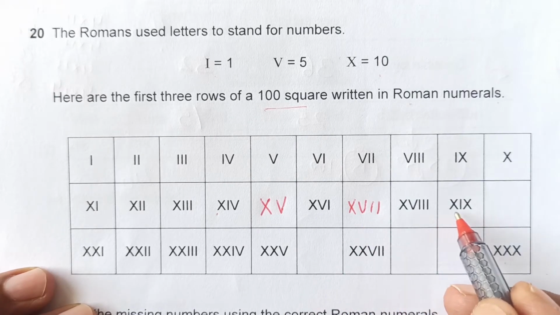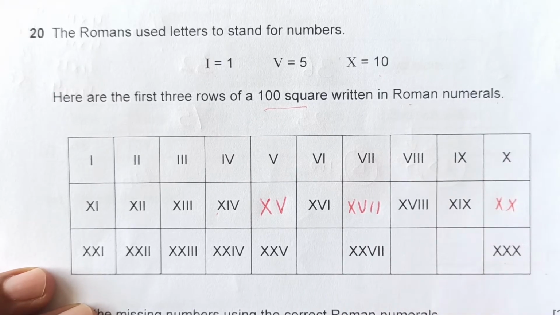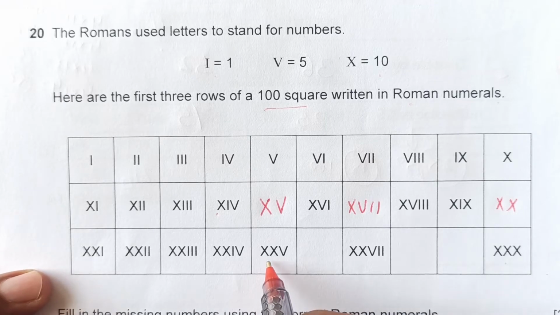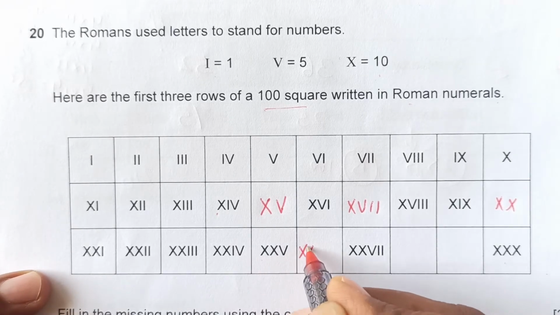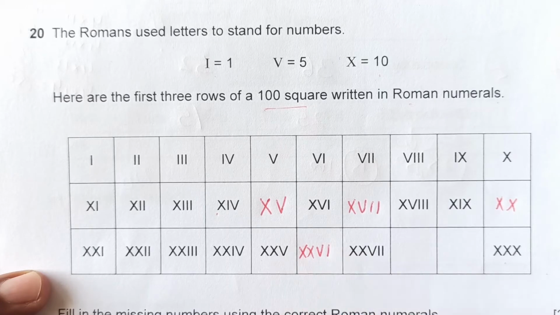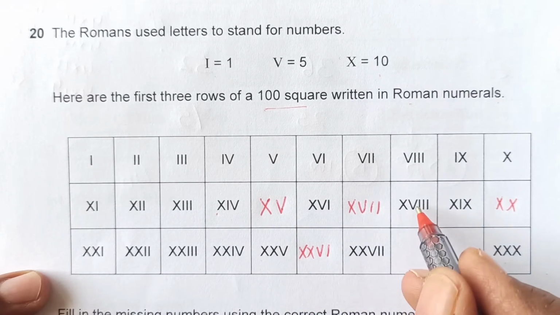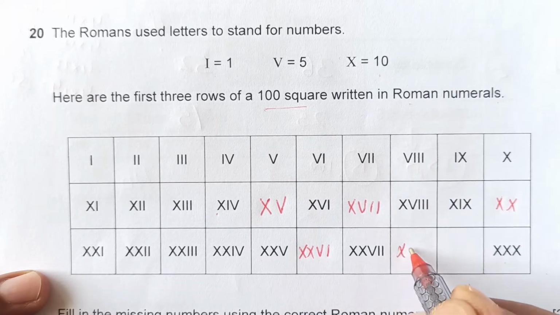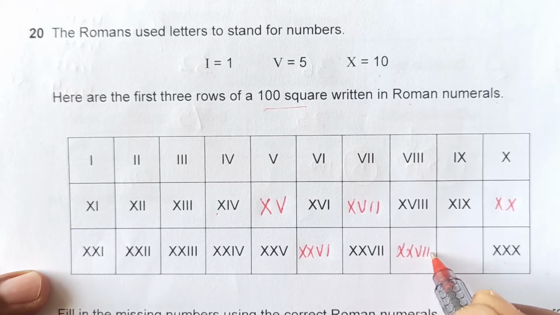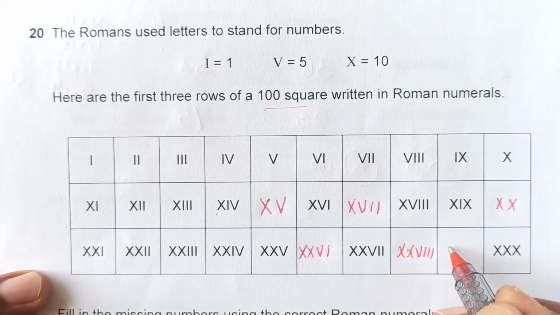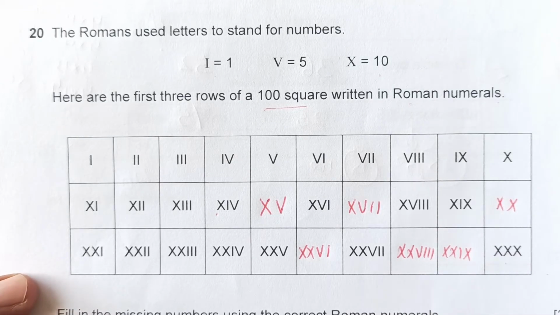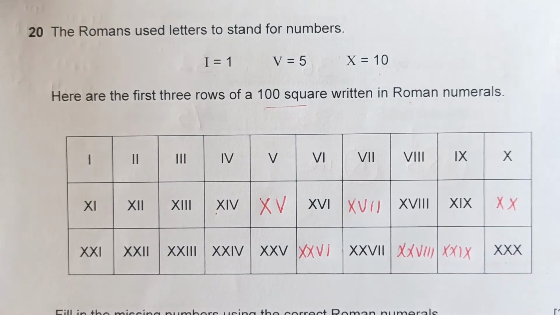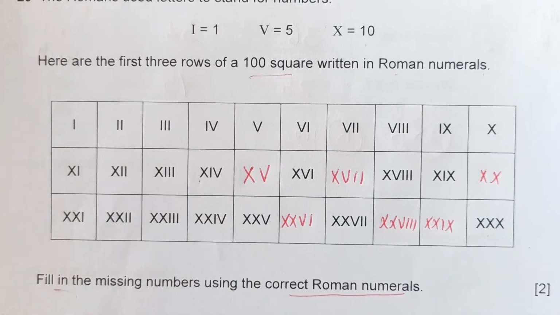This is 19 and 20 will be 2 X's here. This is again 25, so we need 26, which is 5 and one more, then 27, 28 will be this one. Then this is 29. So that's how you can complete this one. Let's move to the next question.